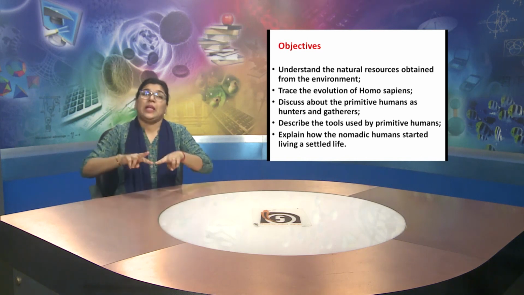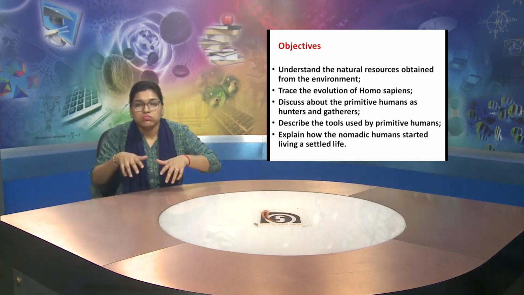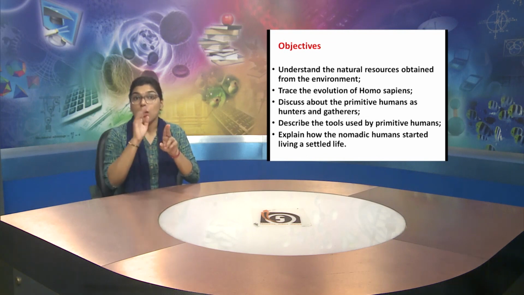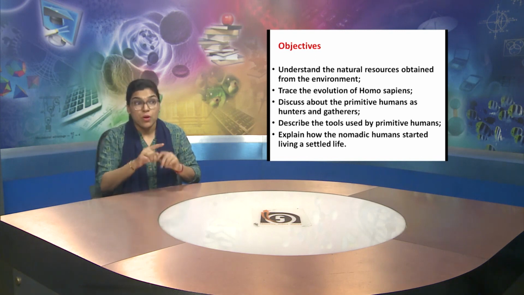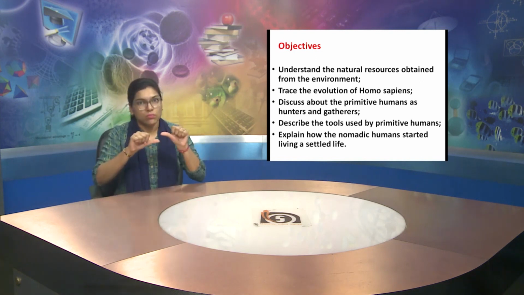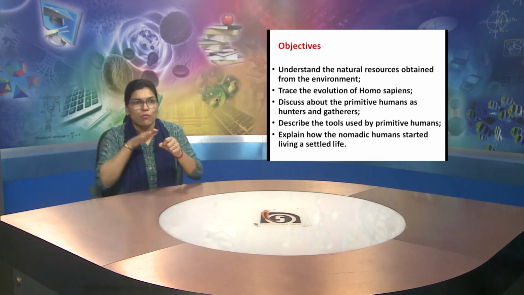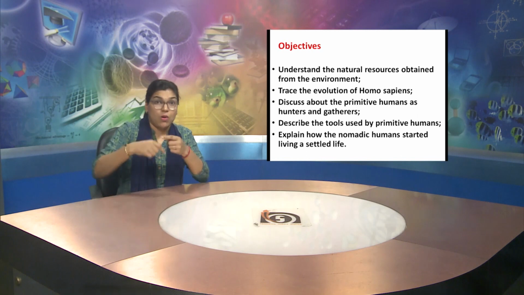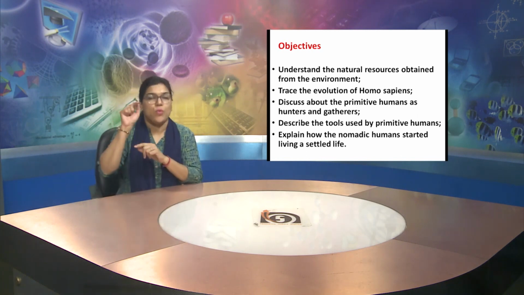We all must be aware and we all must remember that Homo sapiens is a scientific name which was given to the human being, which was the primitive man. You can say the first generation man. In science, we call him Homo sapiens. Whenever we talk about Homo sapiens, that means the first man of this earth.